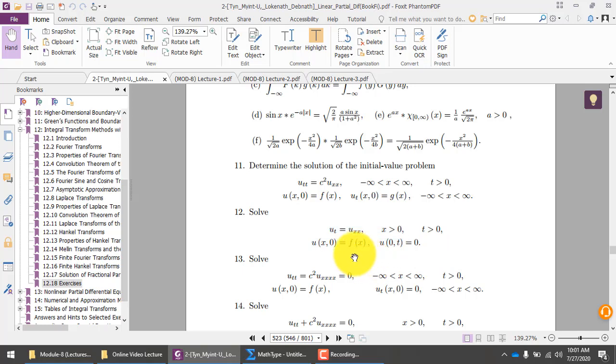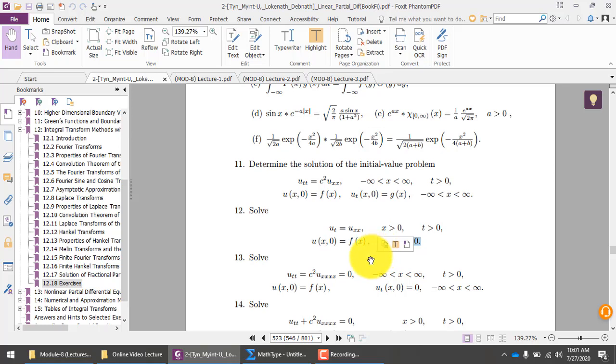This you have to select. How can you select? Just look at whether u at x equal to 0 is given, or the derivative of u with respect to x at x equal to 0 is given. No, only u at x equal to 0 is given.